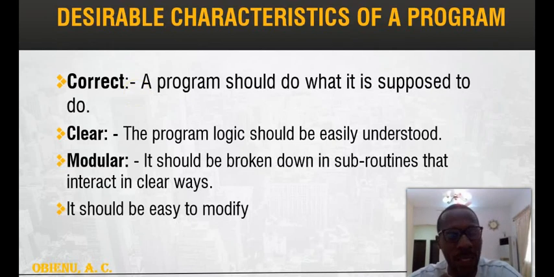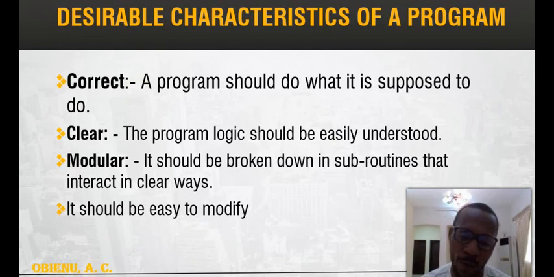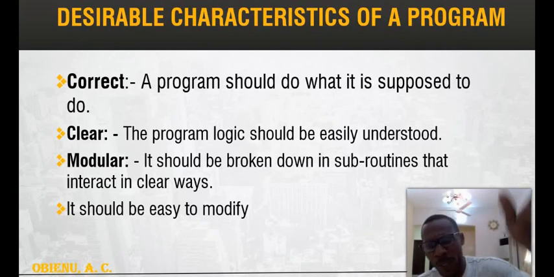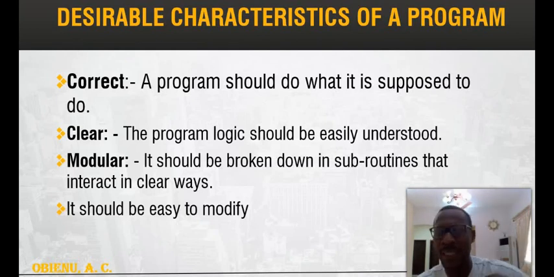Most importantly, this program should be easy to modify. For example, before now, the pass mark for NUC was 40. So if you have 40, you have an E. But after so many years, NUC removed the 40 and made the pass mark 45. In other words, there is no longer E, but now only D. Now, if you have built your program with the former grading system, that doesn't mean you should discard the program for the new grading system.